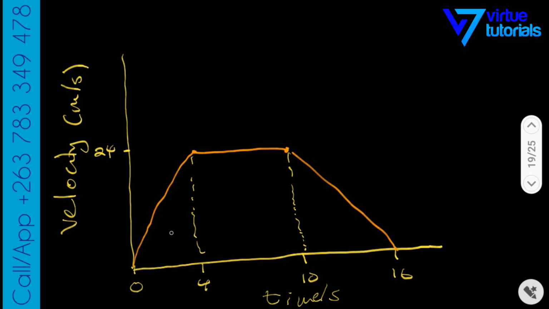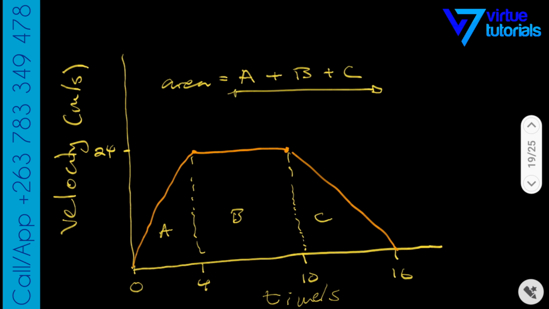I can cut it and have a triangle, shape A, shape B, shape C. So I have a triangle, a rectangle, and a triangle. Then I'll find the area of A, find the area of B, find the area of C, and add it up. When I add up those areas, I'll find the distance traveled.